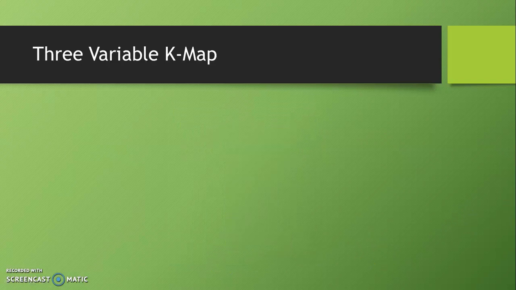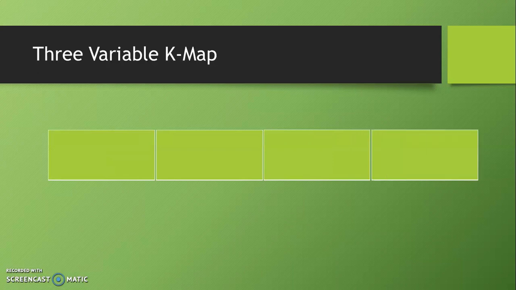So now again we construct the K-map for 3 variables. We know that in case of 3 variables we have a total of 8 cells. We have 2 rows and 4 columns. So we have first row and second row.